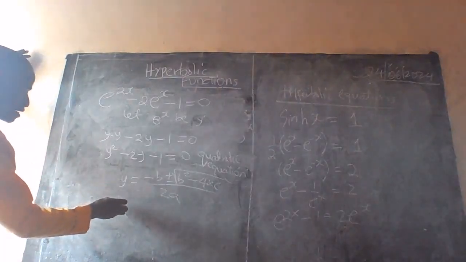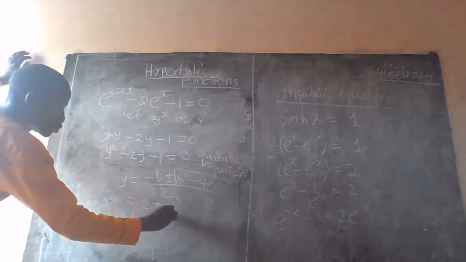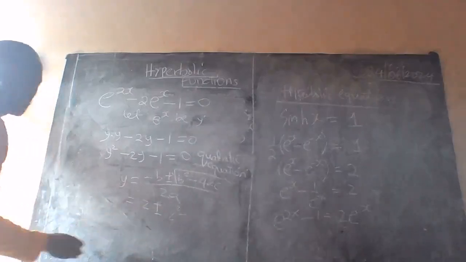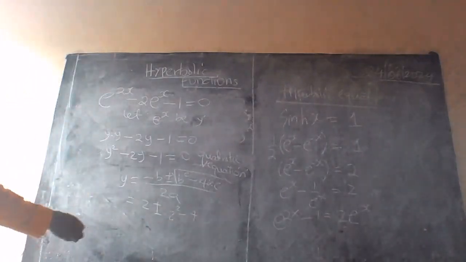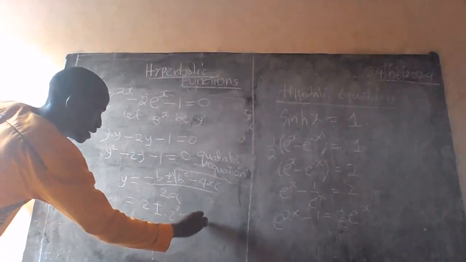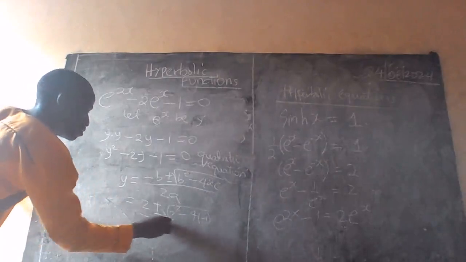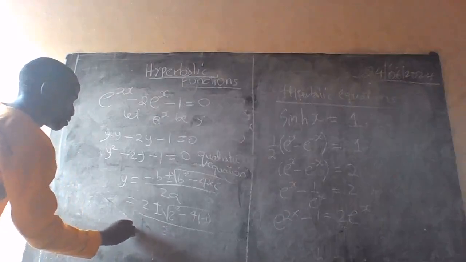So in this case, our B is negative 2. So negative B is positive 2. So this is going to be positive 2, plus or minus the square root of 2 squared minus 4AC, which gives us minus 1, all over 2 multiplied by A, which is 1.